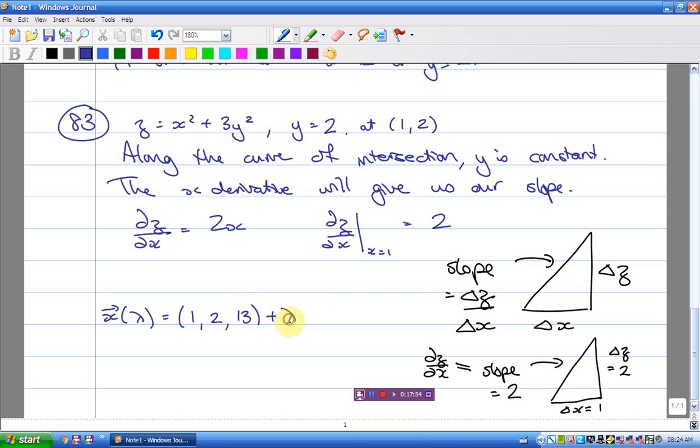Plus lambda, what's my direction vector? Well, I know that the y component must be 0. Y is not changing. Every single point along my line is going to have a y component of 2. So the contribution of the direction vector as far as the y component is concerned is nil, it's 0. Okay?